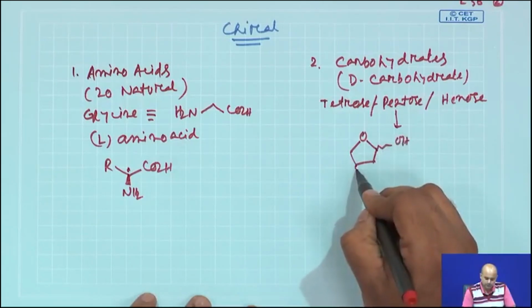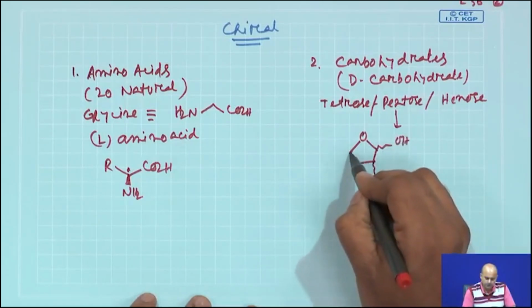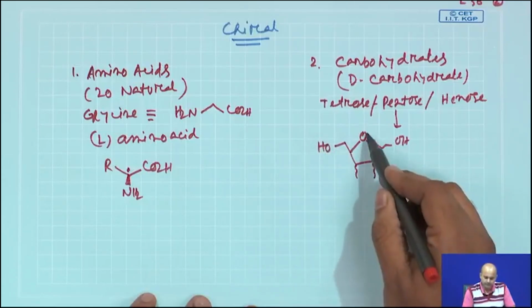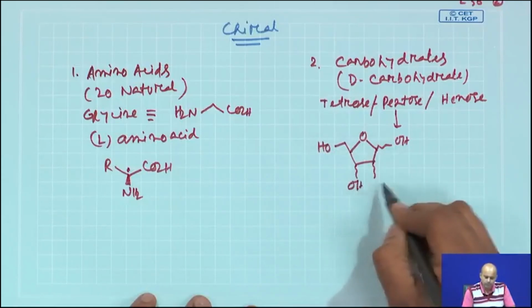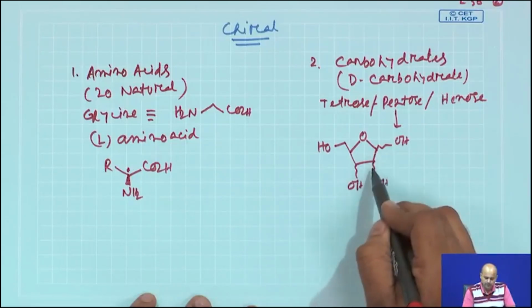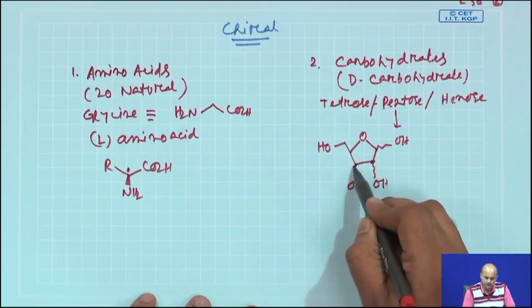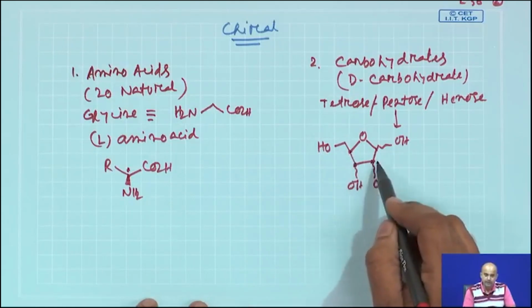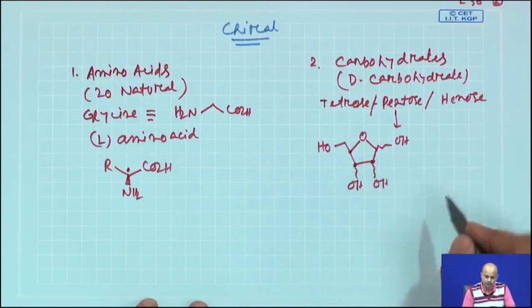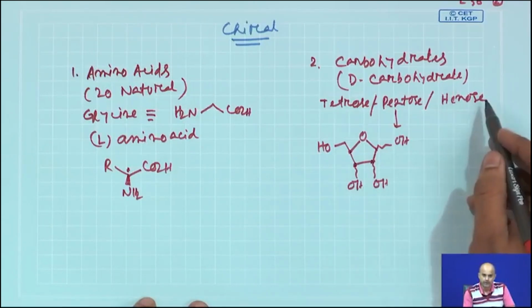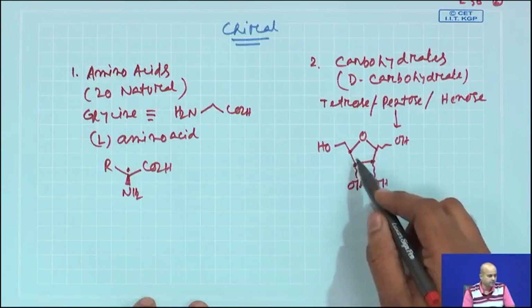I am not putting the stereocenters here, but if it is a D ribose, a pentose structure, this stereocenter is fixed, this is fixed, this is fixed. So, 3 inbuilt stereocenters you are getting in this molecule. Similarly, hexoses like glucose or mannose have 4 inbuilt stereocenters.